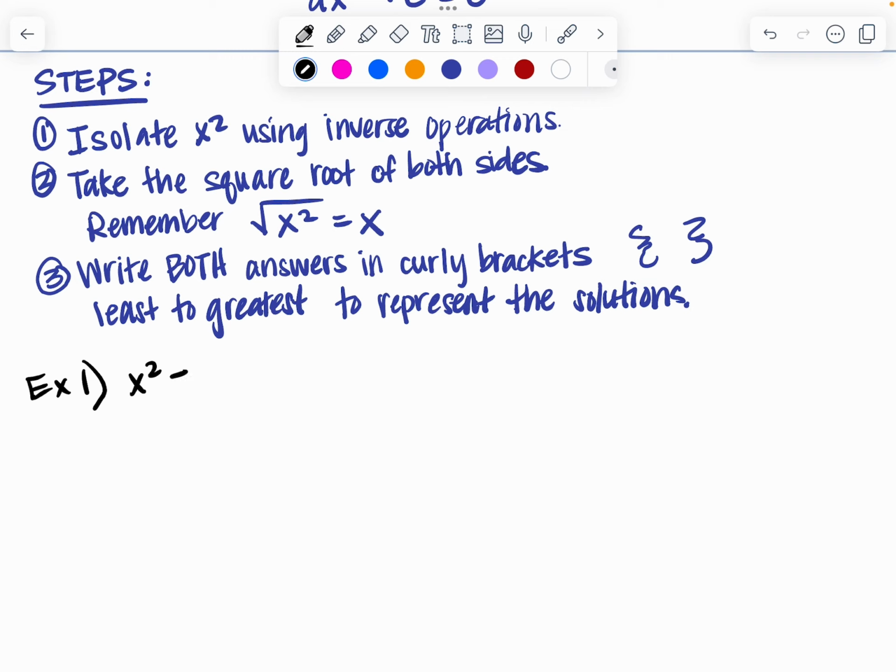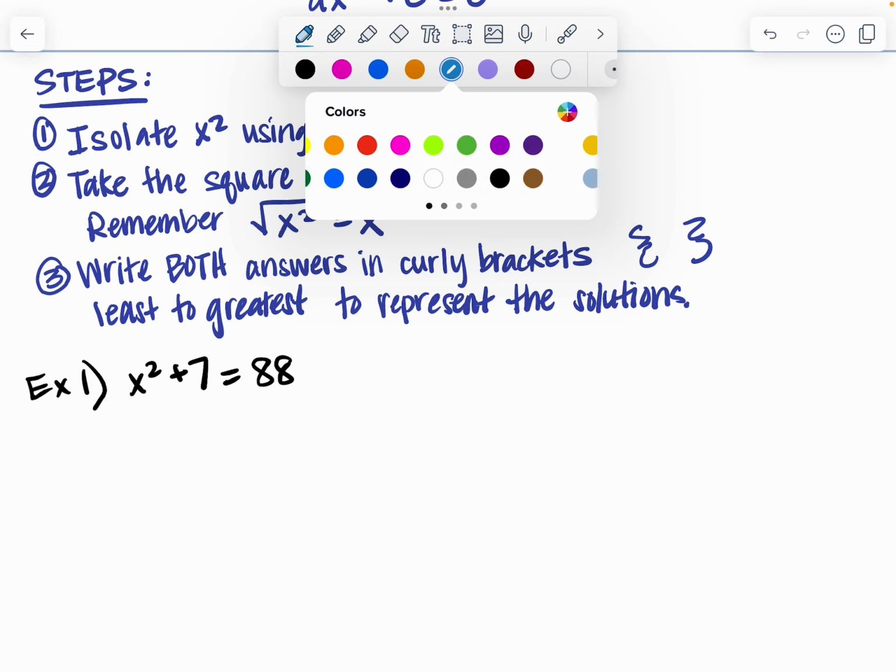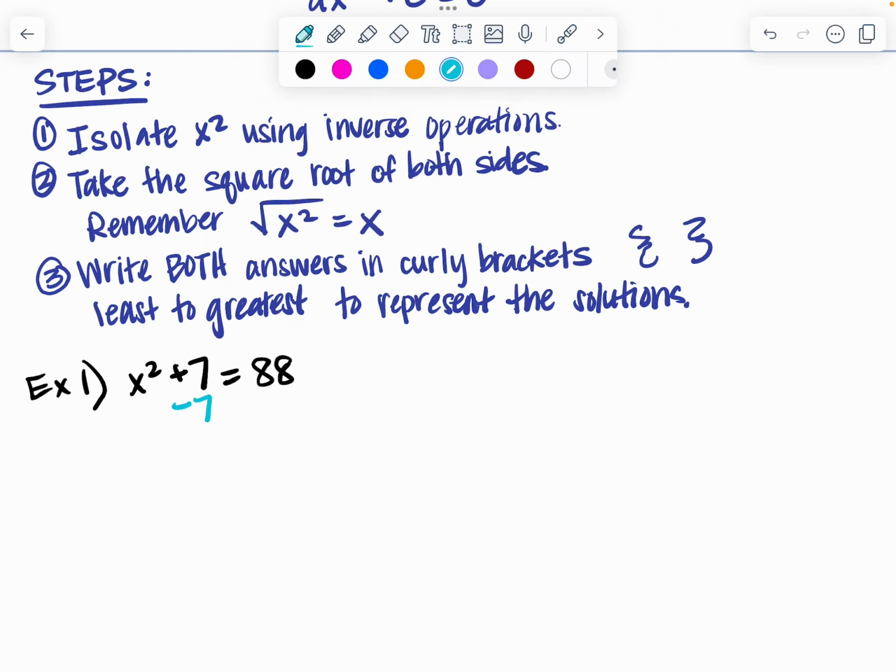Example 1: x squared plus 7 equals 88. So I need to get x squared by itself. So I'm going to subtract 7 from both sides of the equal sign. And now I have x squared equals 81.